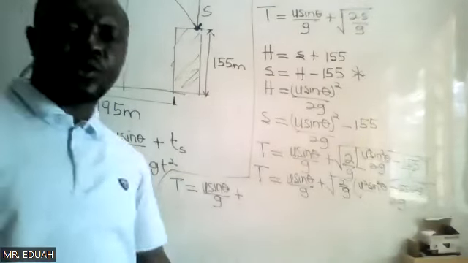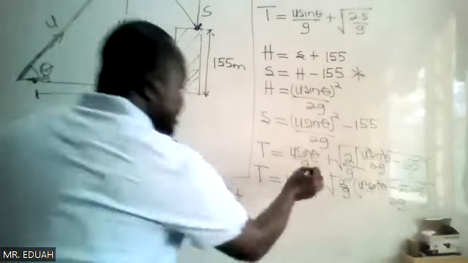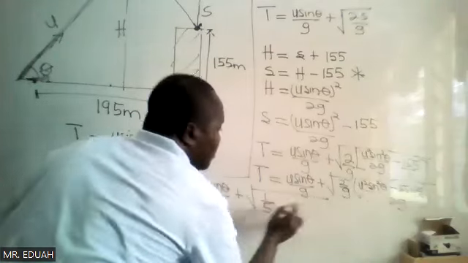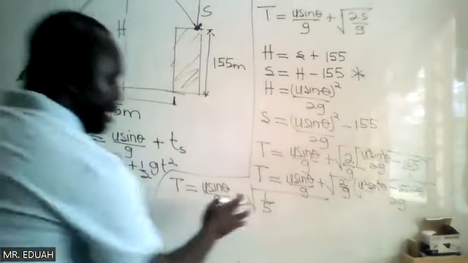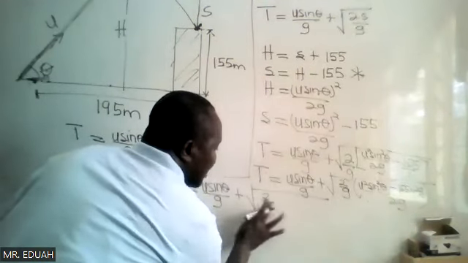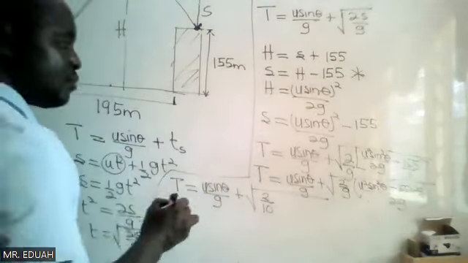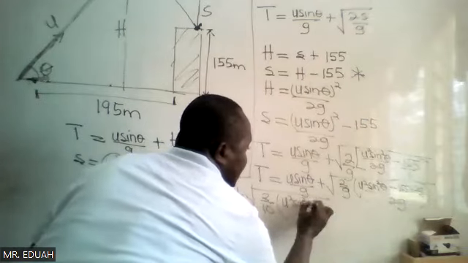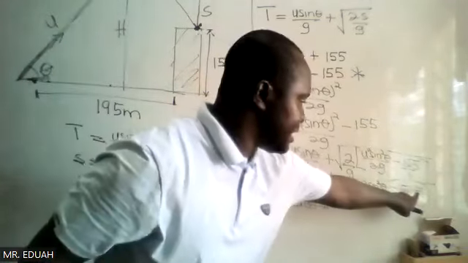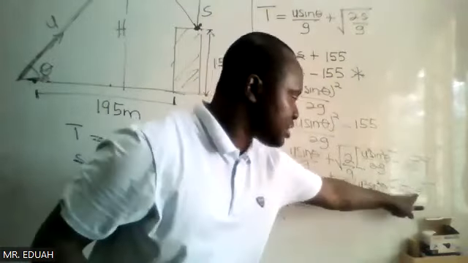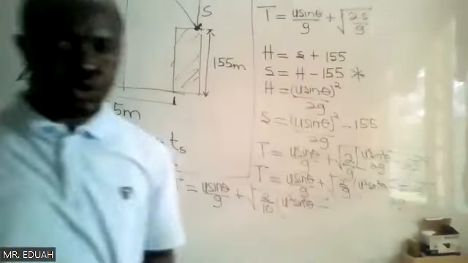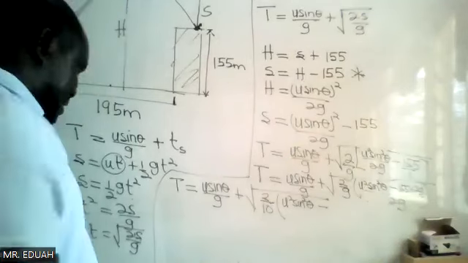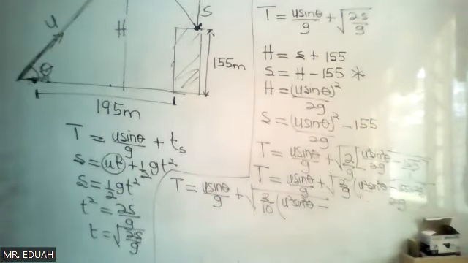Now, g has a value. In the question, we are given g to be 10. So it means this is root of 1 over 5 because g is 10. 2 divided by 10 into brackets u squared sine squared theta minus, since g is 10, substitute g, multiply 155 by 2 times 10, or 155 times 20.